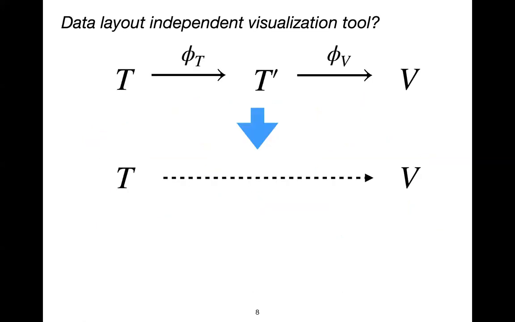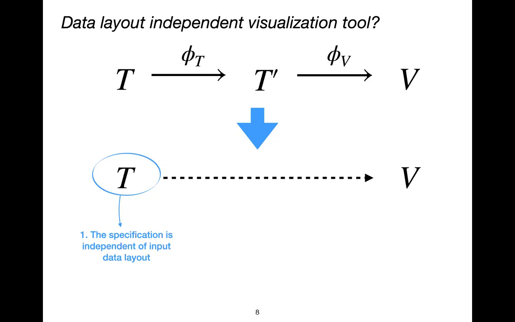So what can we do? If we want to design a new pipeline to create visualizations, how do we avoid those three barriers? First, we know the data layout comes from different sources. It's something we cannot control. We cannot normalize all the data in the universe so that it's easy to visualize. So the best hope is that we can design a tool where the user specification is independent of the data layout. Whatever the data layout is, I don't need to worry about the input data shape.